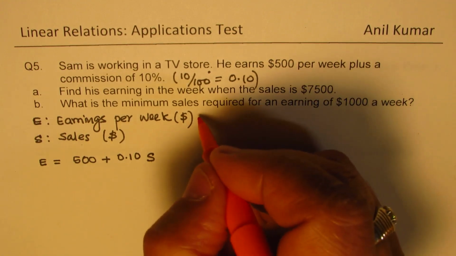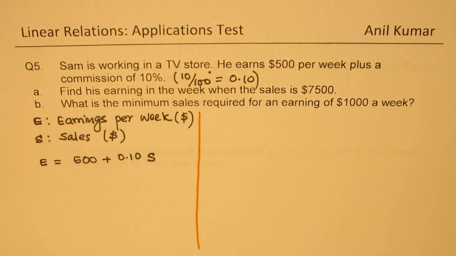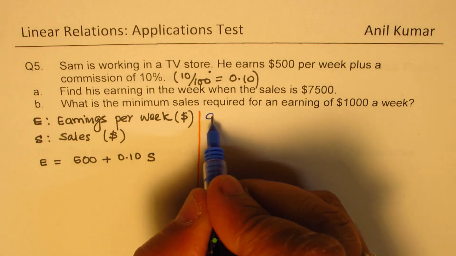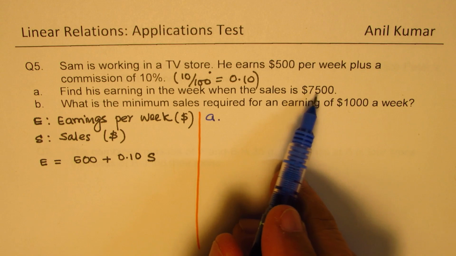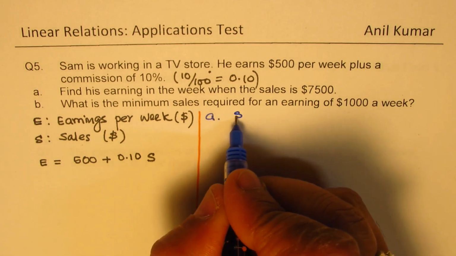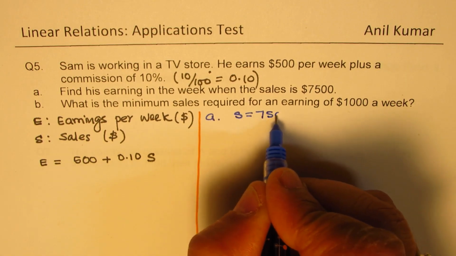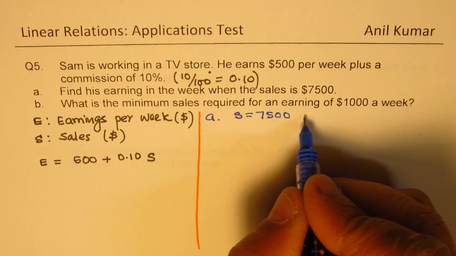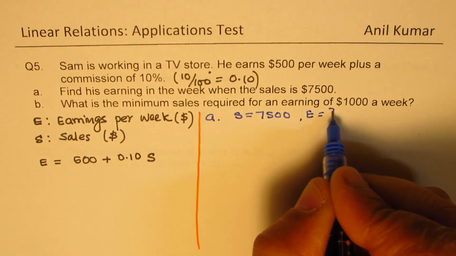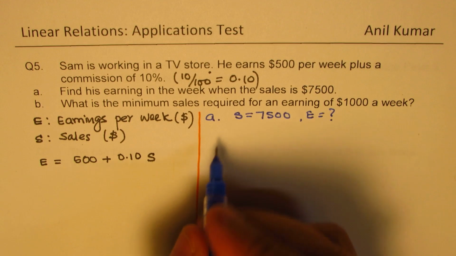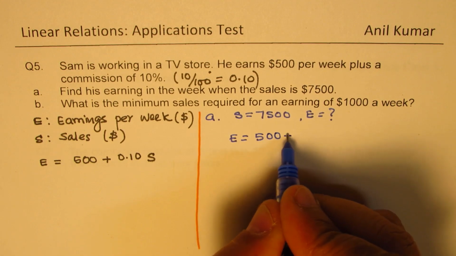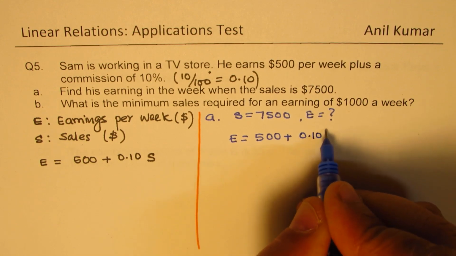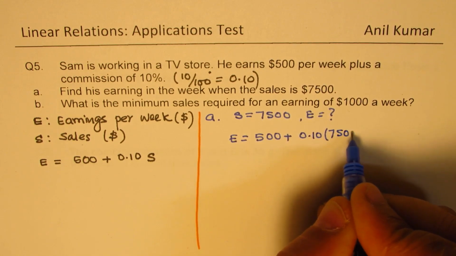Now based on this, we are going to solve both part A and part B. In part A, we are saying find his earnings in the week when the sales is 7,500. So we know sales is 7,500. We'll write down the units later, and we need to find what the earnings is. So straight away you can apply the formula. Earnings is equal to 500 plus 0.10 times 7,500.